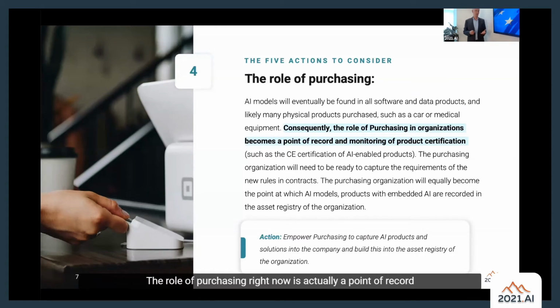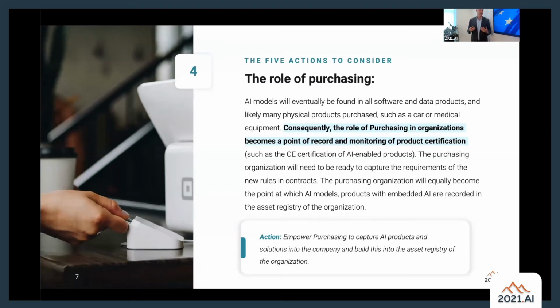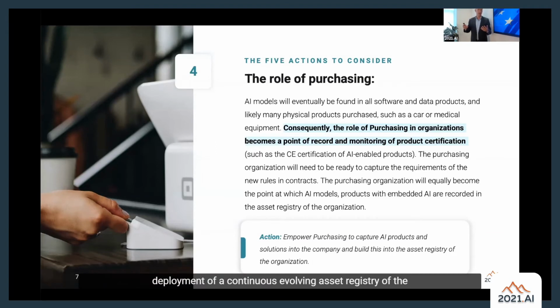The role of purchasing right now is actually a point of record and often also a point of continuous monitoring of products and services across the organization. It becomes important that we educate and empower the purchasing organization so that they can become part of the deployment of a continuously evolving asset registry of the machine learning models that are deployed in the organization.